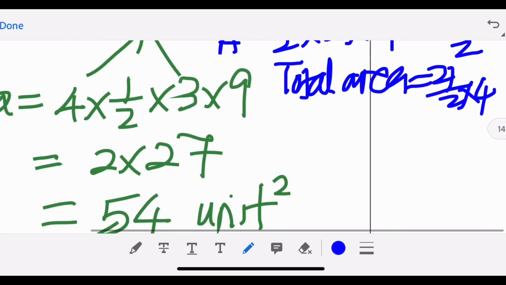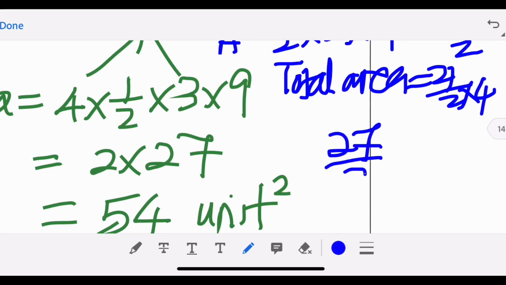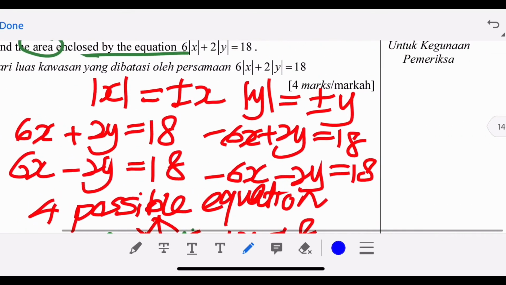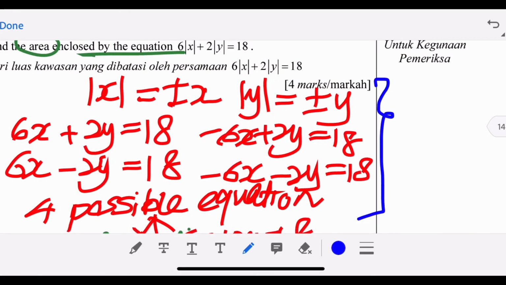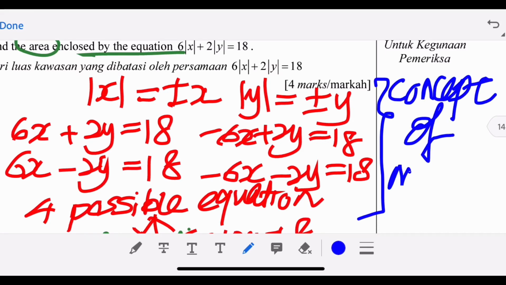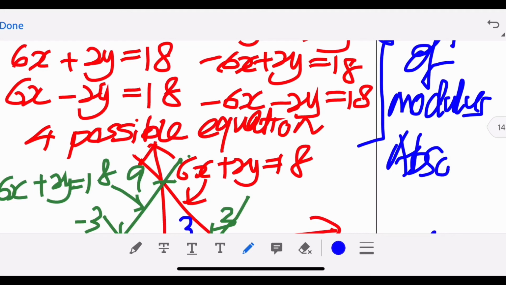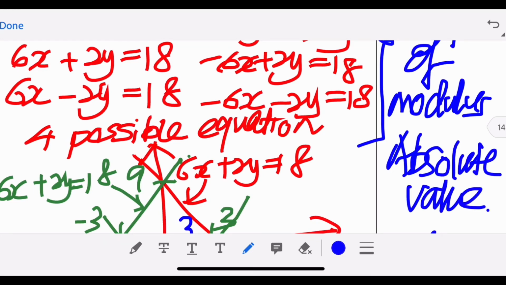So for the area enclosed by an equation with the modulus, you have to find the area for the positive and negative sides. That is the concept of the area enclosed by the lines and also the concept of the modulus. Many students are very weak in modulus or absolute value.